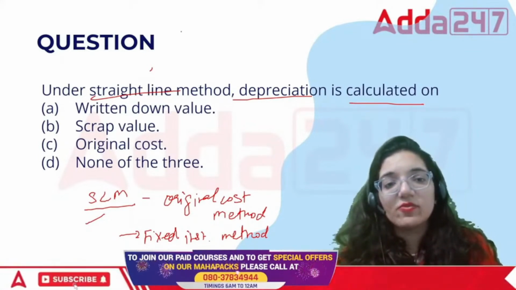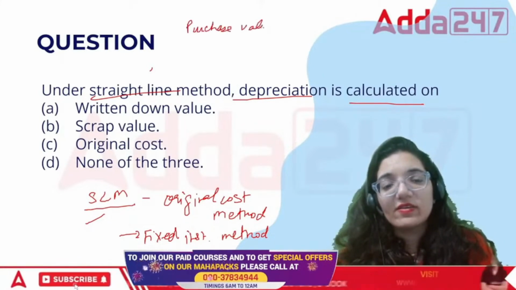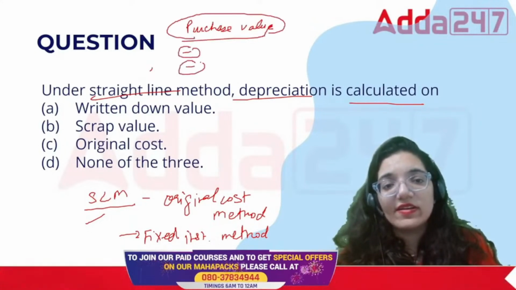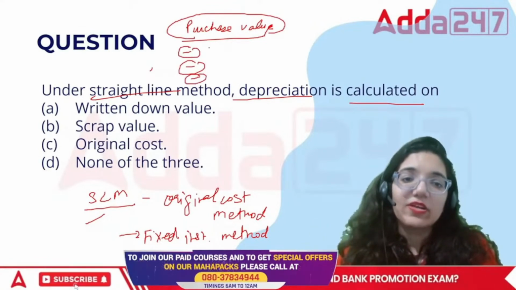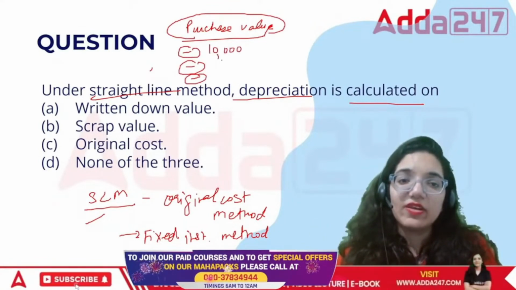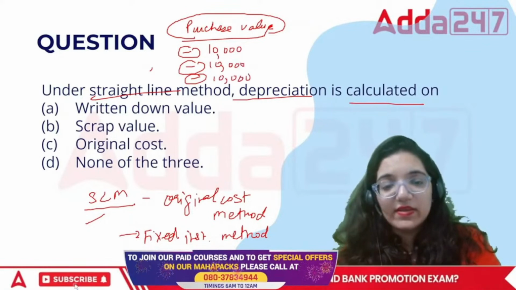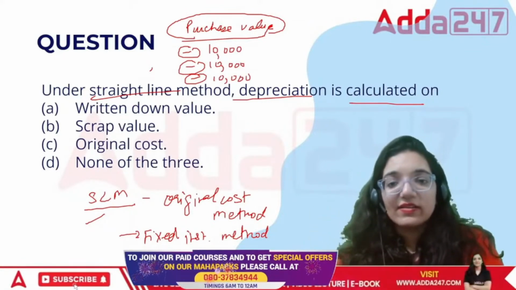Under this method, whatever the purchase value is, we take the purchase value, and from the purchase value we will deduct the various things. That is, whatever the depreciation would be for every year. If it is 10,000, every year we are going to deduct 10,000 out of it. Okay? Only one specific amount is deducted, not the entire thing.